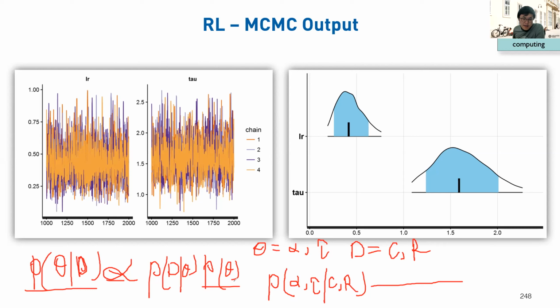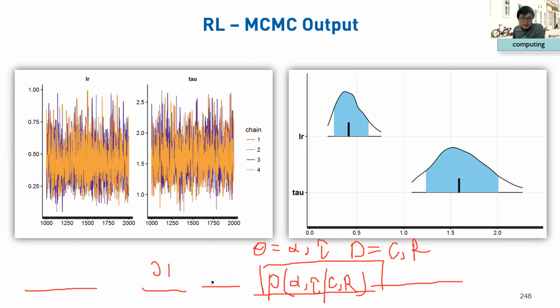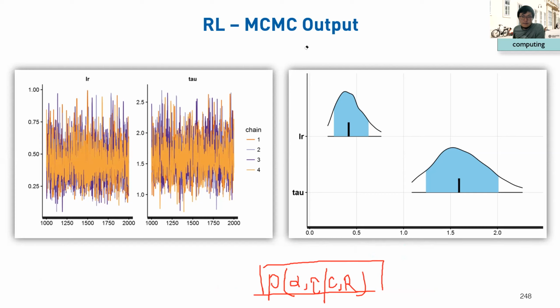Here, the prior means the P of alpha comma tau. The likelihood means the P of choice comma reward, given alpha comma tau. That is straightforward. What is more important is to have an understanding of what we actually want to have. This one, if I erase all of the others, this is our target.